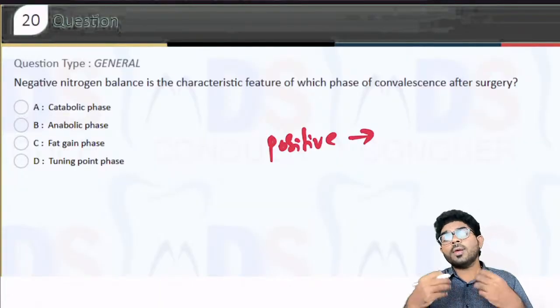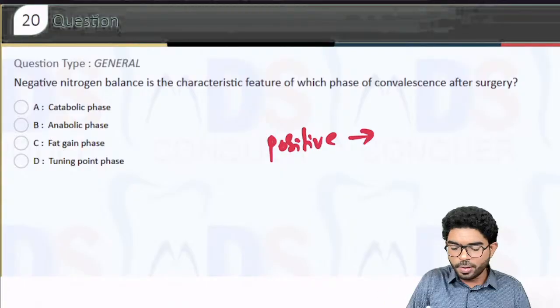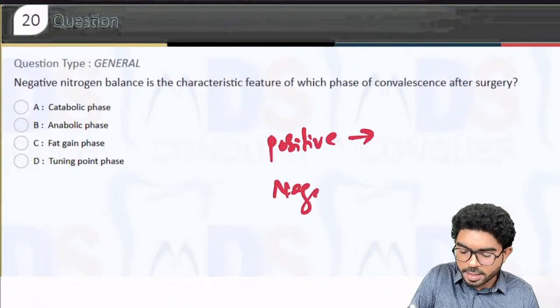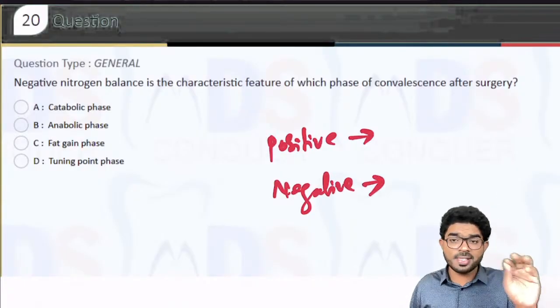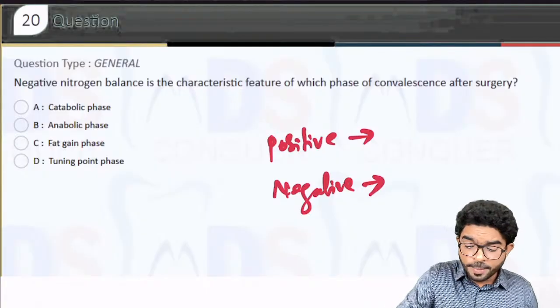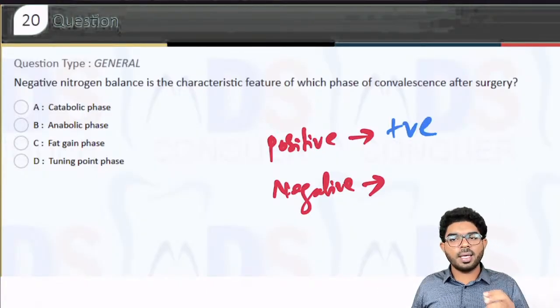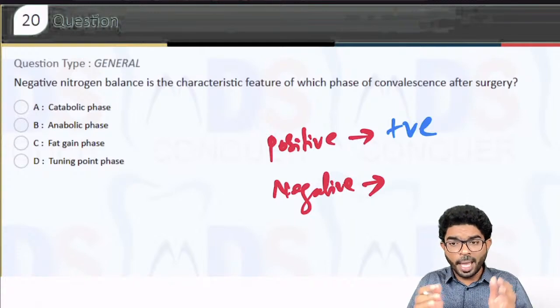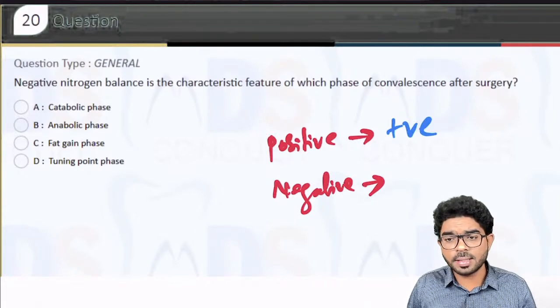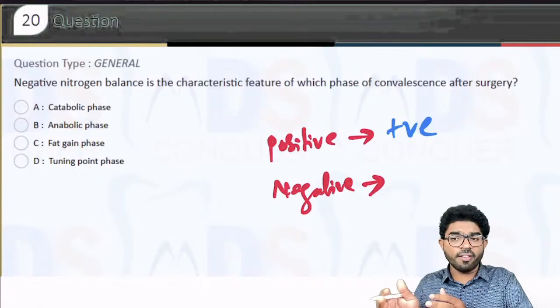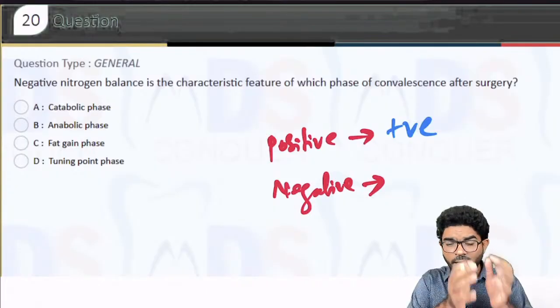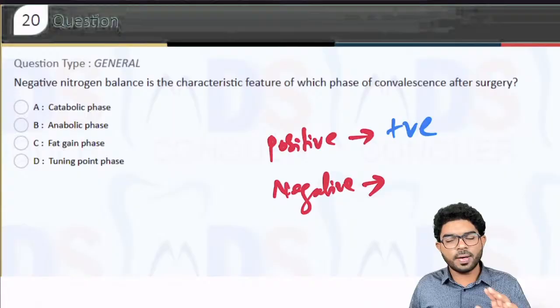If you lose more than what you take, that is called negative. And I told you to remember examples, because those are the questions which are asked. Positive nitrogen balance happens in all positive things. Pregnancy, positive nitrogen balance. Baby is growing, positive nitrogen balance. Recovering from a fever, positive nitrogen balance. Recovering from a surgery, positive nitrogen balance.